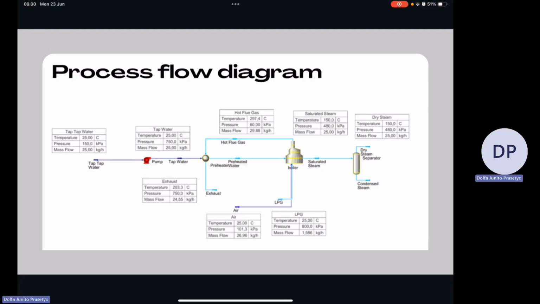The tap water, which has a temperature of 25 degrees Celsius, pressure of about 150 kilopascal, and mass flow of 25 kilogram per hour, will pass through the pump and be pressurized until the pressure reaches 750 kilopascal. Why do we have to do this?